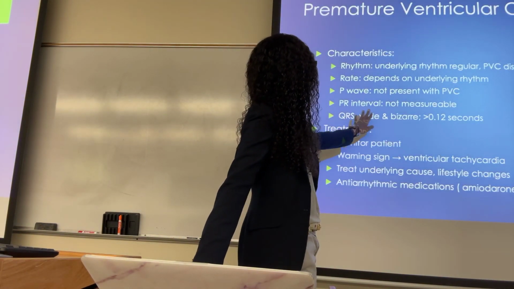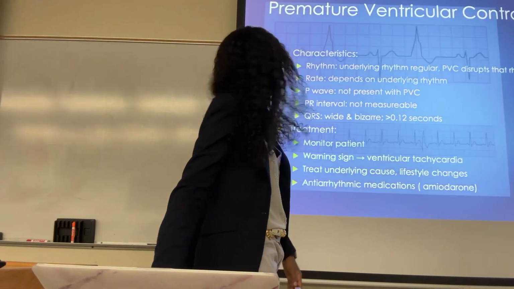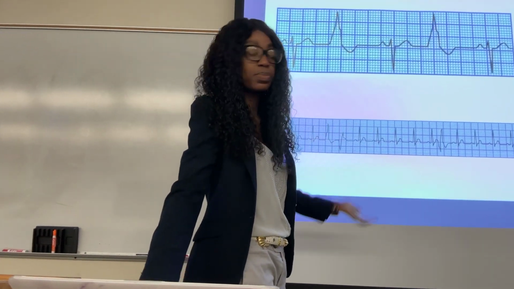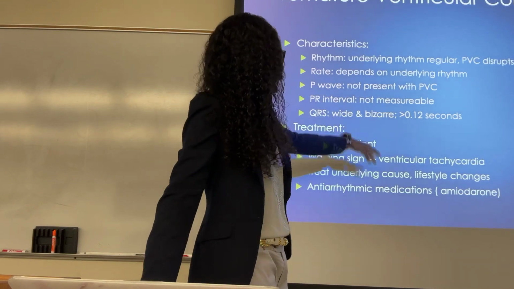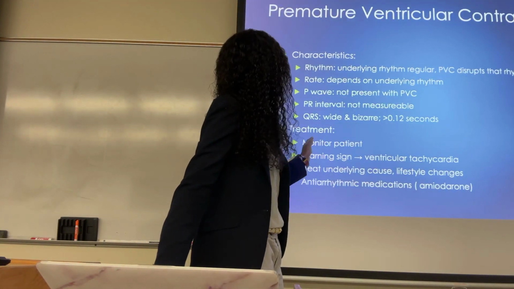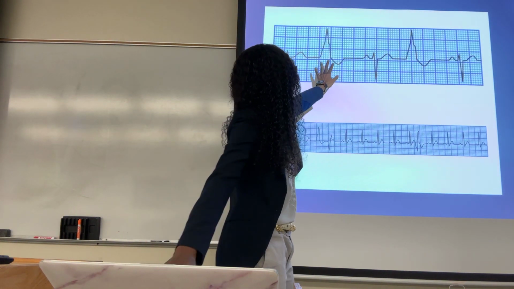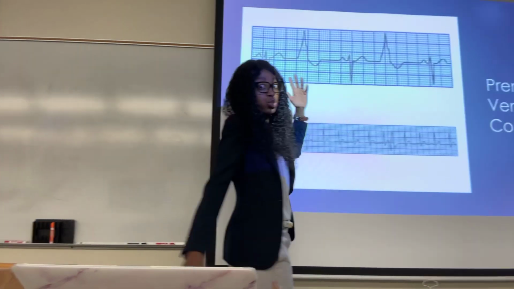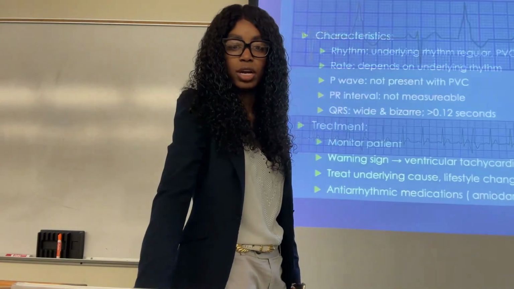Then we look at the PR interval, it's not measurable. So there is no P, so how can we measure the PR? QRS, wide and bizarre. So those are the words we're looking at when we think of how to identify this. So from here to here, it's very wide and it's weird looking, so it's wide and bizarre, right?